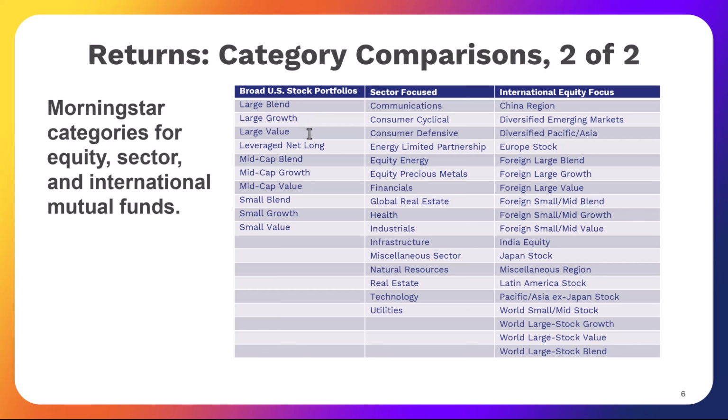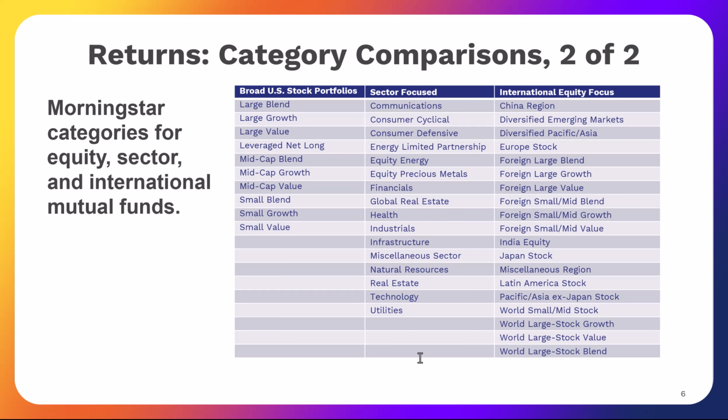Large value looks at large companies that for some reason seem to be currently undervalued. They might be really good choices right now for investing. Large blend funds look at big companies that are a combination of those two things. We can also look at sectors, right?